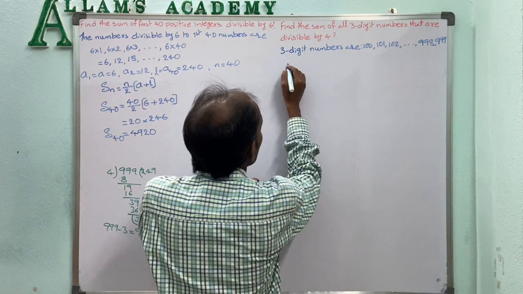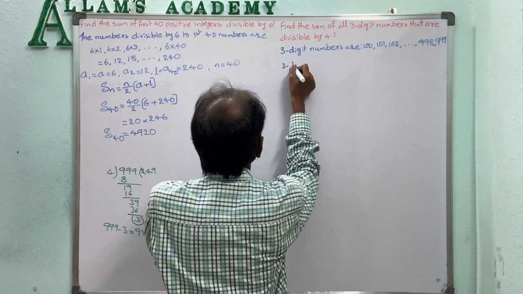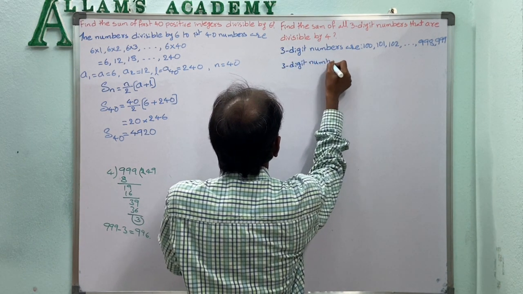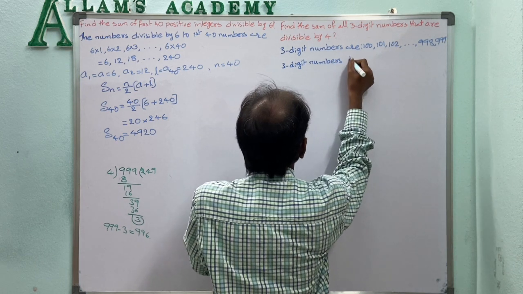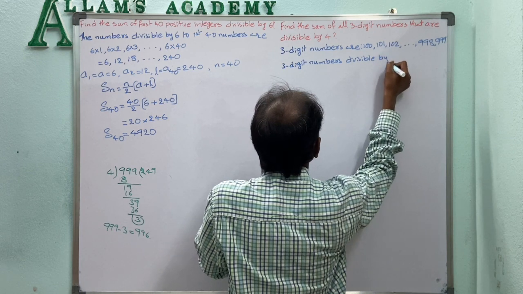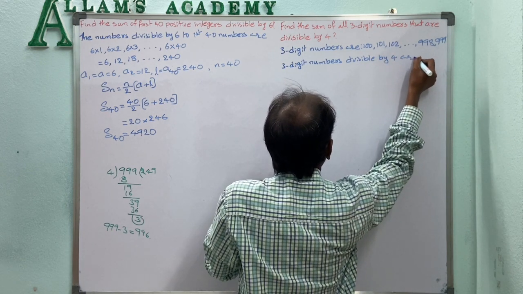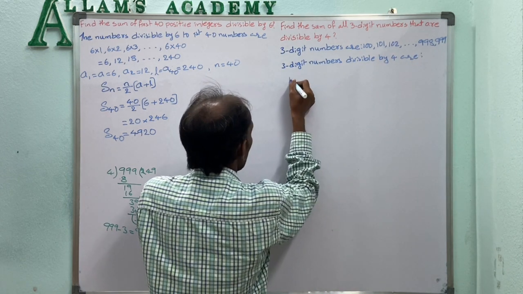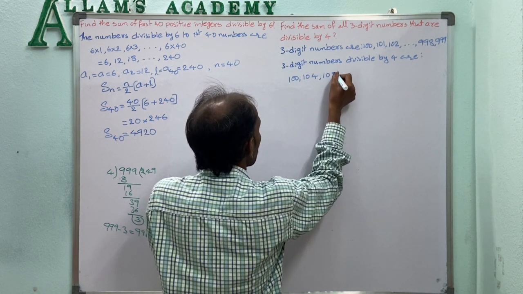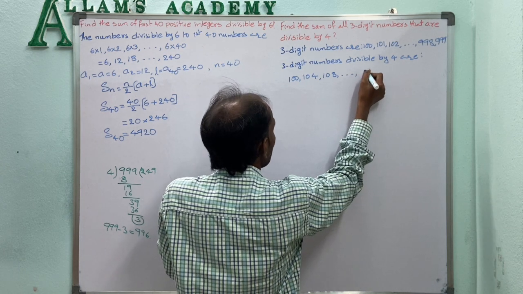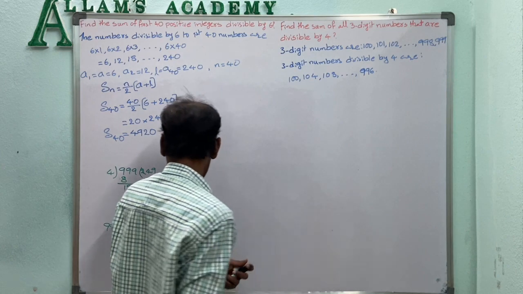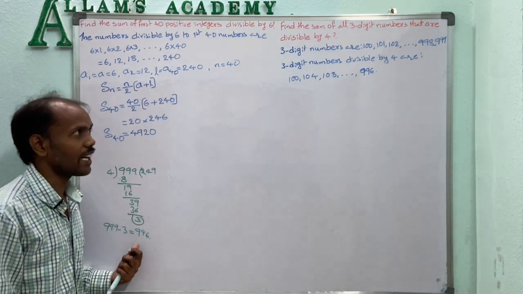So the 3-digit numbers divisible by 4 are: the first one 100, the next one 104 and the next one 108, adding 4 each time, and the last one is 996.